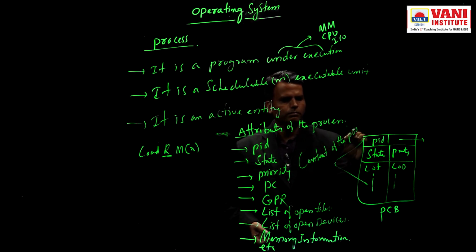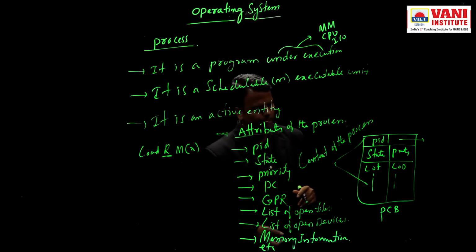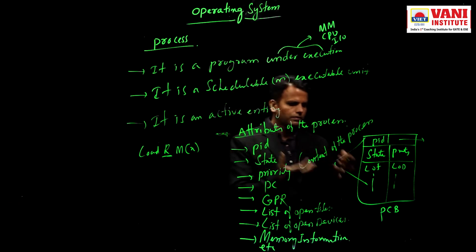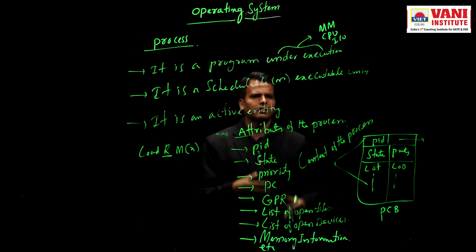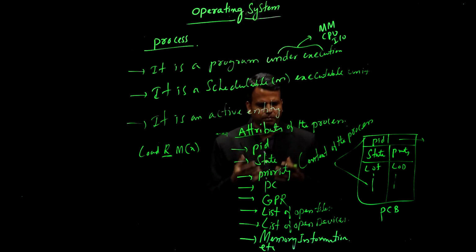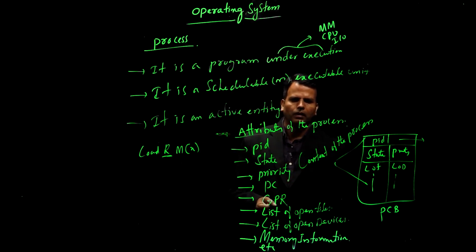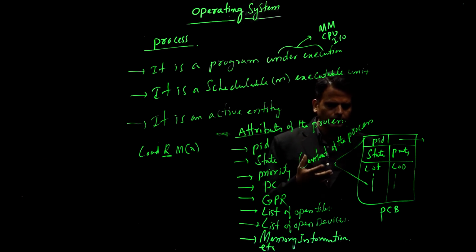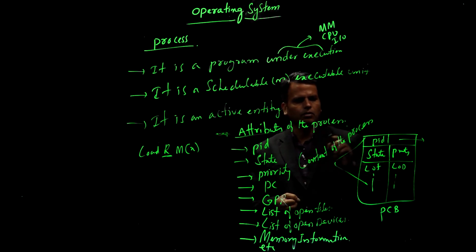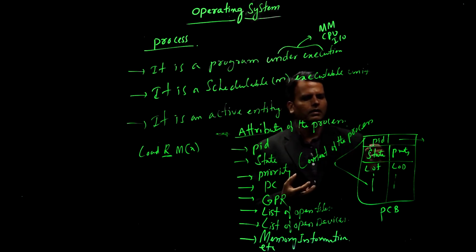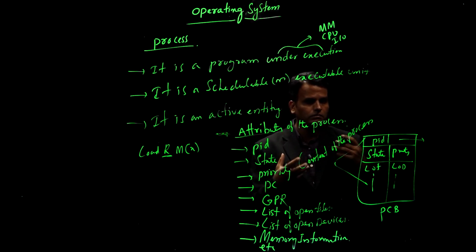So this PCB is the data structure which collects all the attributes, that is, information related with the process. Before proceeding, since I am discussing the context of the process, one concept is coming into the picture, that is context switching.